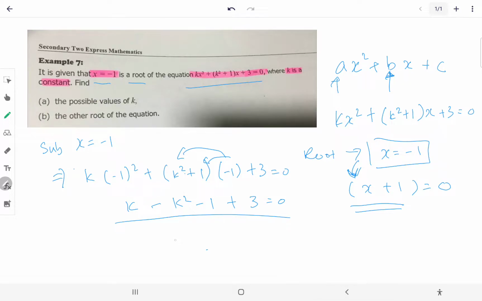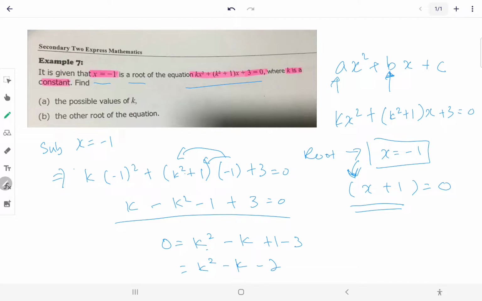So we continue. In order to make it positive, we swap everything over to the other side. We put 0 on this side, then we move over. k squared is positive now, minus k plus 1 minus 3, equals k squared minus k minus 2.